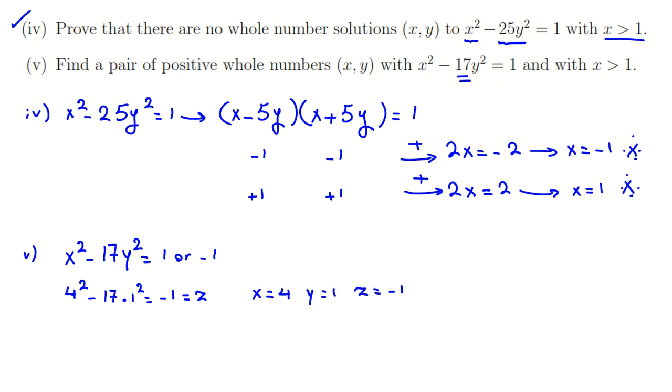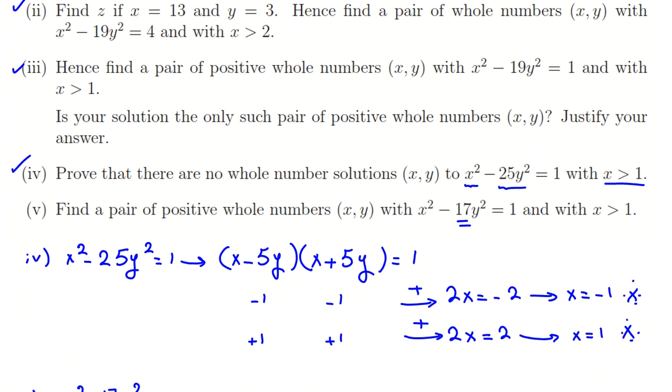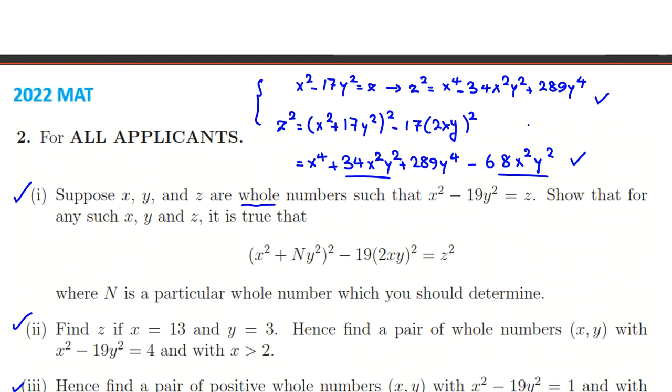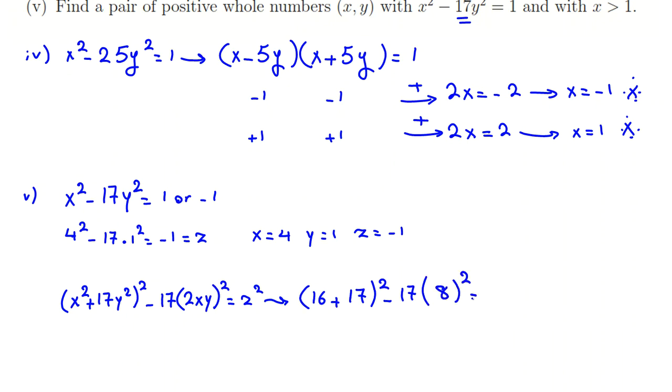Now, if we use the same formula, x squared plus 17y squared, then minus 17 times 2xy squared equals z squared. So if you replace, x squared will be 16, plus 17y squared, whole squared, minus 17 times 2xy, 2 times 4, 8, whole squared equals 1.